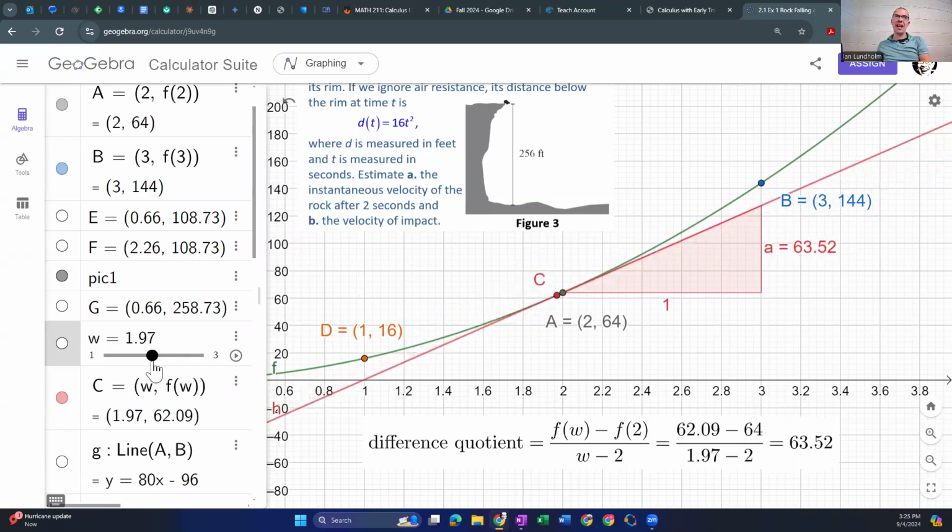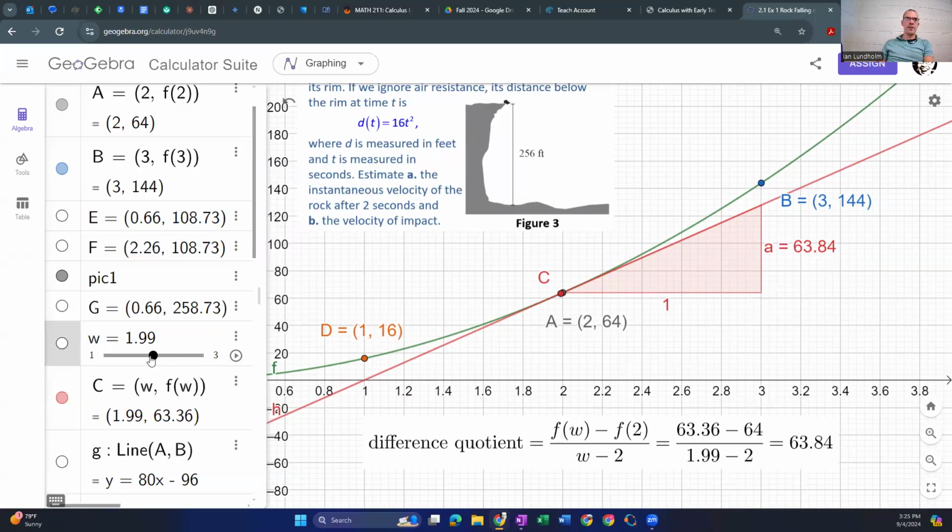But if we actually land on 2, it's a problem. So here we've gotten to 1.99, and our slope is at 63.84. And I know that I'm allowing the calculator to do this calculation for us, but really, this is a slope, difference of y's over difference of x's. Hopefully this is somewhat familiar.